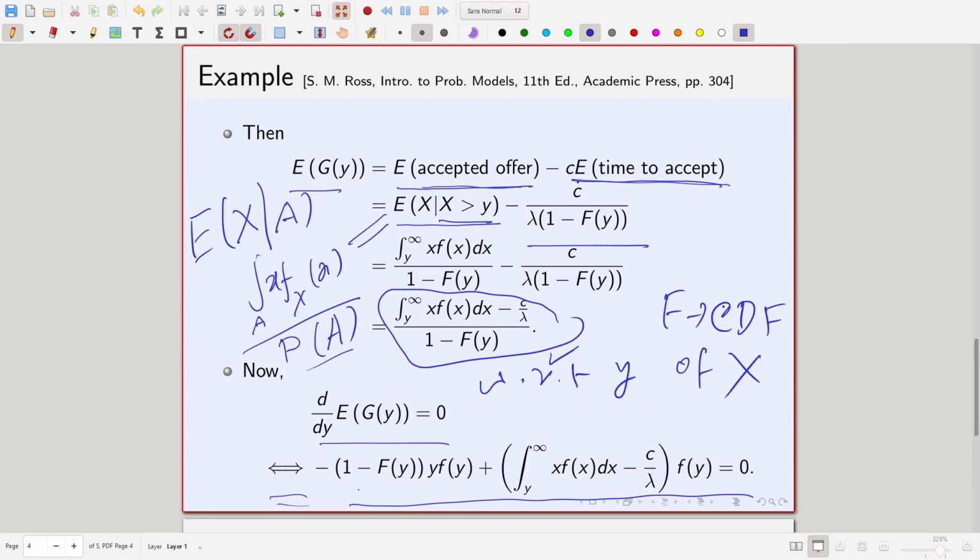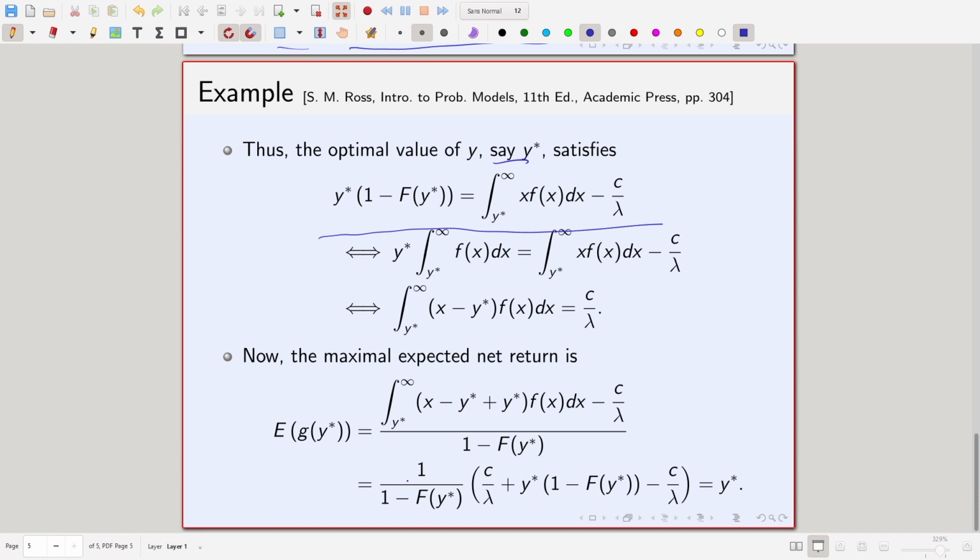So, I just take this thing to the other side and we get this. Now, what is 1 minus F(y star)? Remember, F is the CDF and the random variable has a density. So, 1 minus F(y star) is just the integral from y star to infinity of f(x) dx, and this side you keep as it is. Now, you take this to this side.